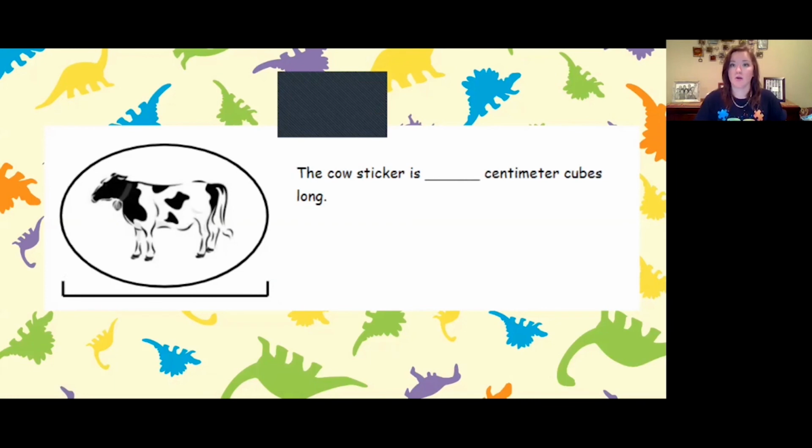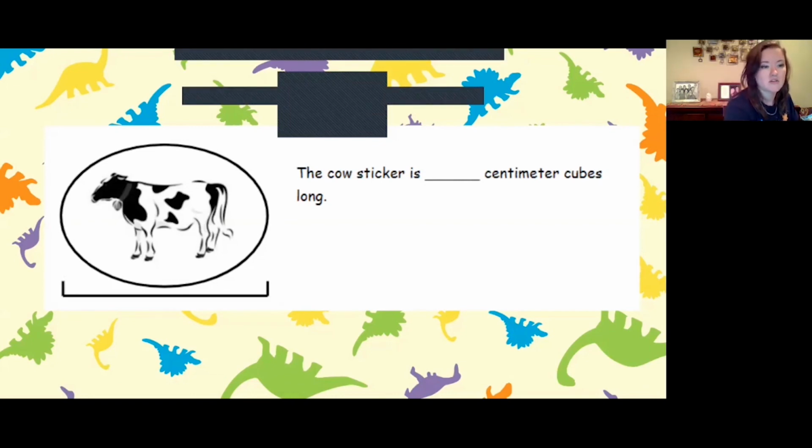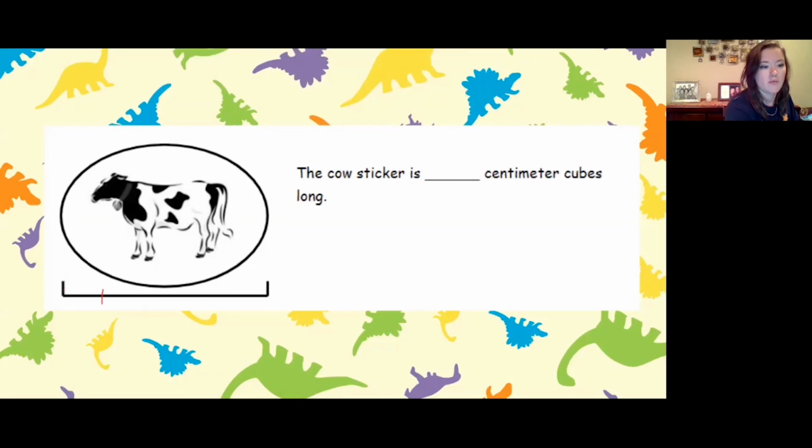Let me get my marker. There we go. I'm going to hold mine up to my screen. There's my first mark. It goes from endpoint to endpoint. Then I'm going to slide it over and mark my second one. So I have this endpoint to this endpoint. So far, so good.